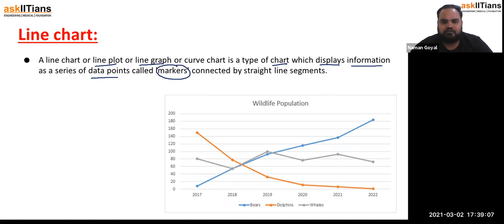These points are known as markers, connected by straight line segments. Here this blue line shows bears, dolphins and whales. So in 2007 the number of bears is this, and in 2018 the number of bears has become this. These types of information are represented by a line chart.